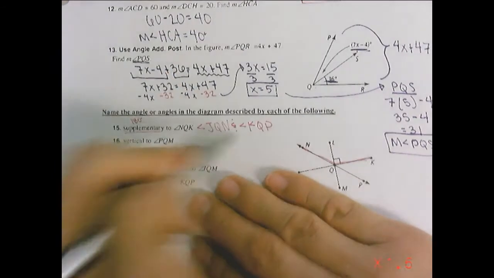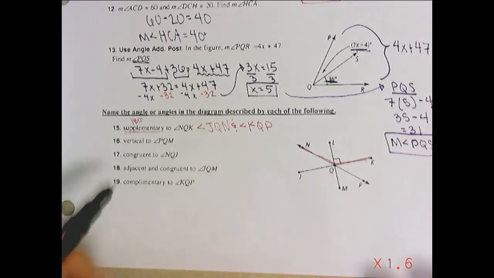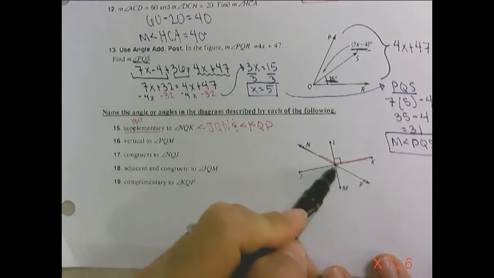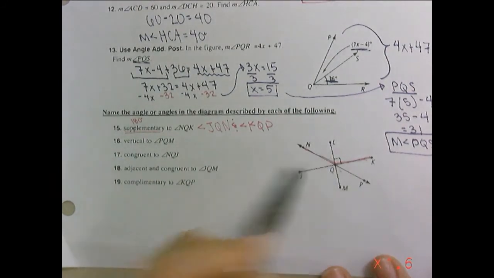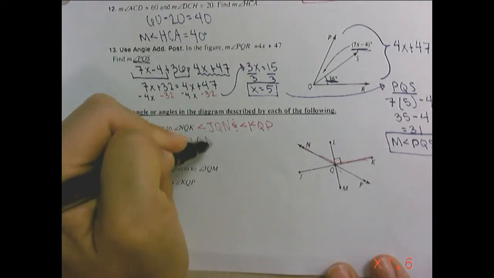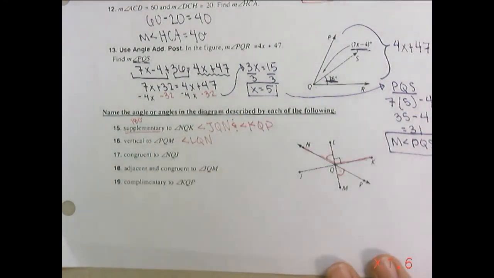Those would be your two possible answers. And then we're talking about vertical angles to PQM. So here's PQM. Remember, kissing angles straight across from each other. I would say angle LQN is vertical, meaning these two angles right here would be congruent.